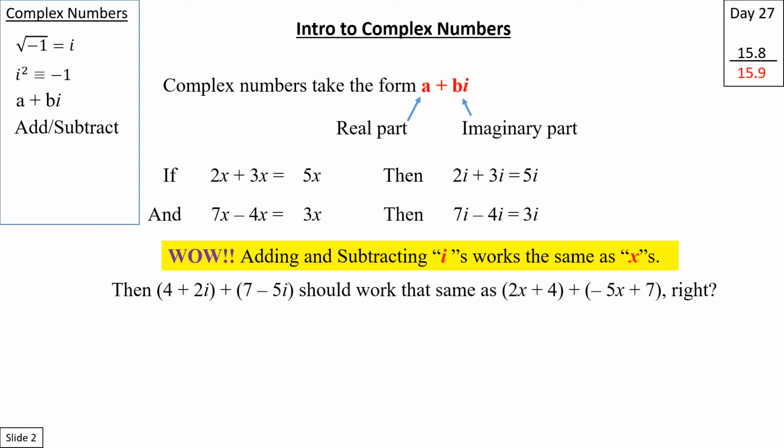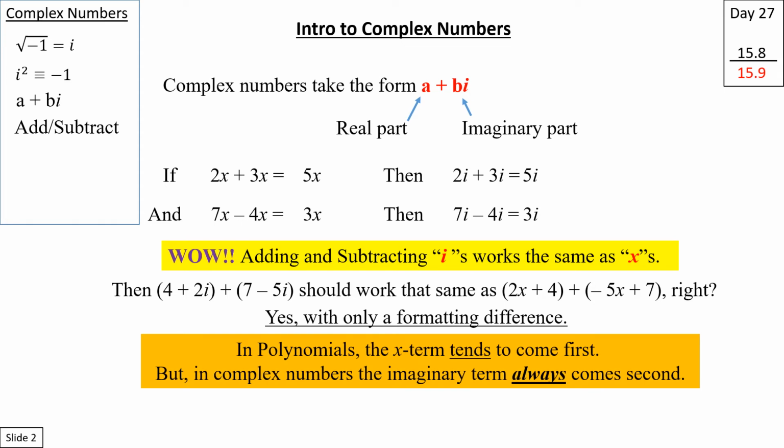Notice that they're switched in positions, because complex numbers are a plus bi, but we tend to write polynomials with the x terms coming first. Yes, only a formatting difference. In polynomials, the x tends to come first, but in complex numbers, the imaginary term always comes second.